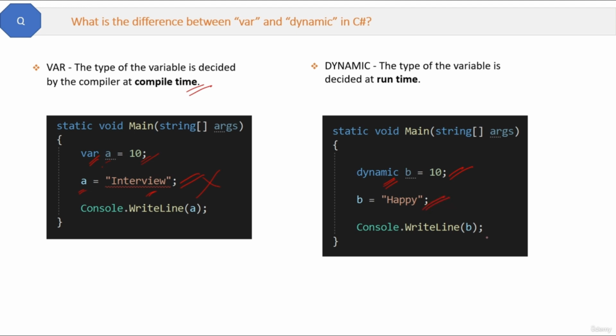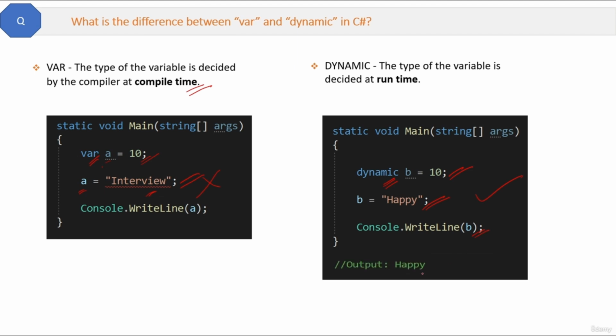When you build it, no compile or build error will come, and when you run this program, you will get b's value as happy as the output, because in case of dynamic, the type of the variable is decided at runtime. So when you run the application, the last value will be accepted as the final type and the value of the variable.